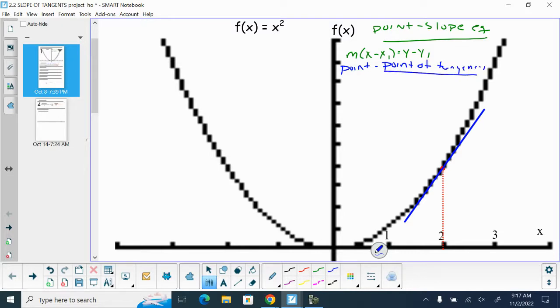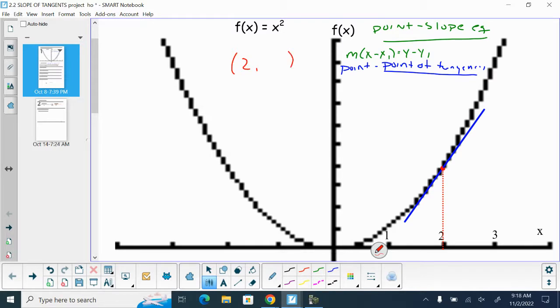Our point of tangency is where the line and the graph intersect. So here's my point of tangency. Hopefully we can determine that. We know the x value is 2.